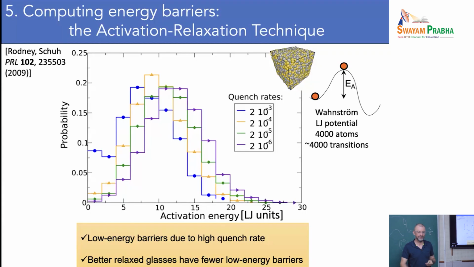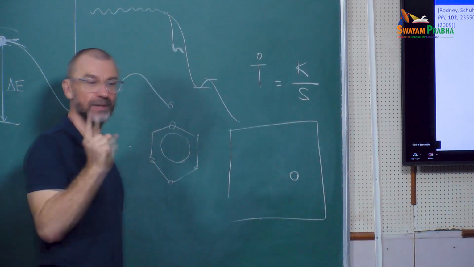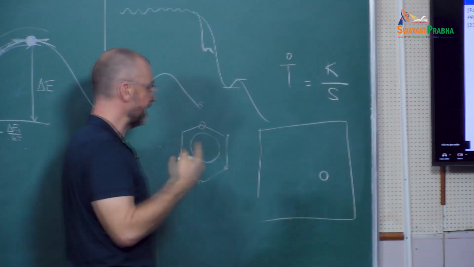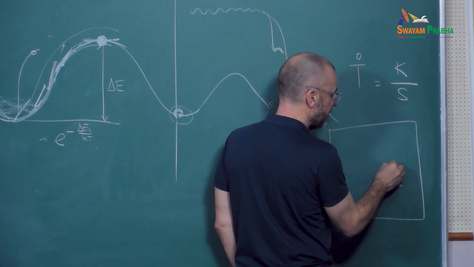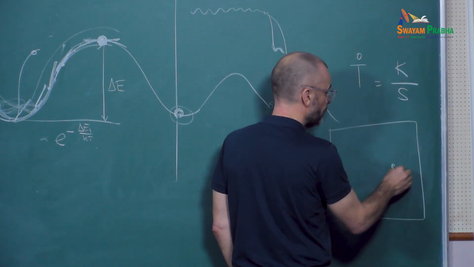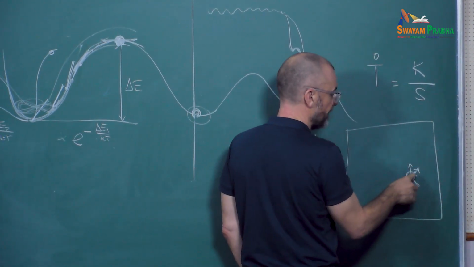How do you choose the random directions in that? I use a random number generator. In practice, what works best is that in the configuration, I pick one atom at random among all the atoms, and then at random, I pick a displacement along X, along Y, and along Z to form a displacement vector for that atom.